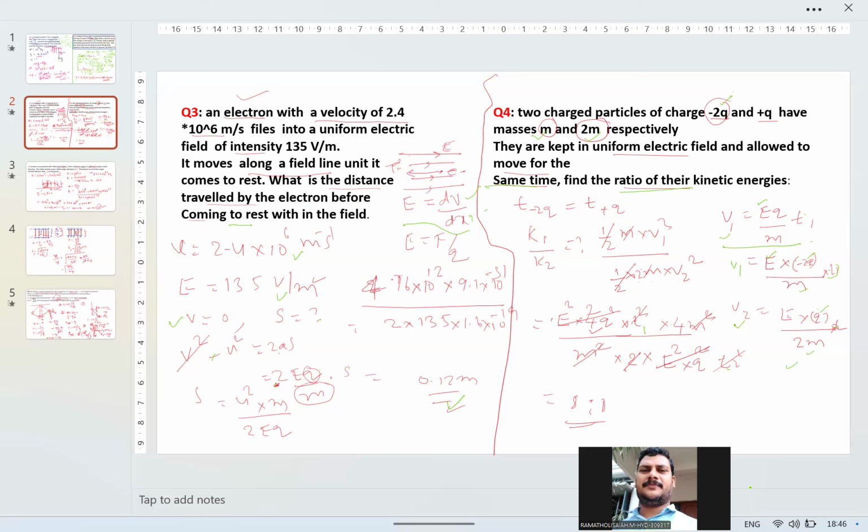V2 is substituted here, and M into M get cancelled. After all the cancellations you will get 8:1. Q square, this 4M square will go up, and already M is there, so this M gets cancelled. Only V1 square by M into 2 into V2 square is there. That will be substituted: 2 into 4 is 8. So this is the answer.